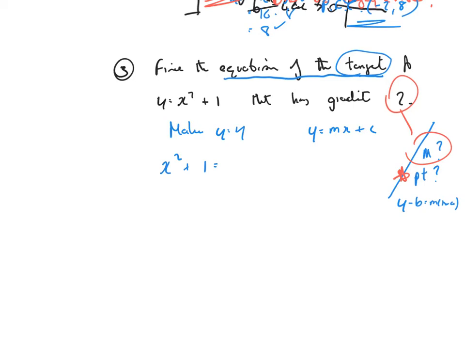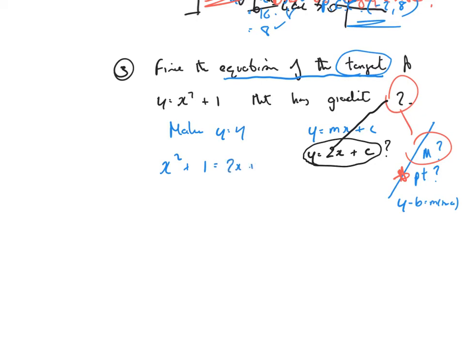So what I could say generically is, if the gradient is 2, then that's y equals 2x. Now, if I don't know the y-intercept, well, I don't know it, just call it c then. So generically speaking, this equation is 2x plus c. So the gradient is 2 and the y-intercept at the moment is unknown. So just call it y equals 2x plus c.